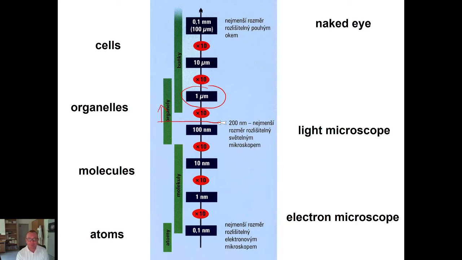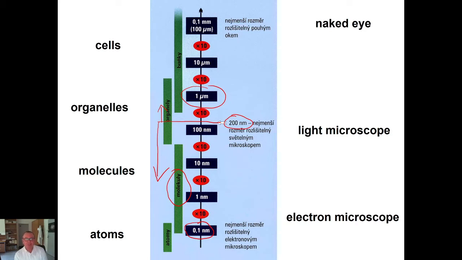But there are many smaller structures in cells and tissues which are below the resolution power of the light microscope, like ribosomes or cytoskeleton, or molecules, macromolecules, nucleic acids, proteins. All these structures are visible only by the electron microscope, which increases our resolution power more than 1000 times to 0.1 nanometer.